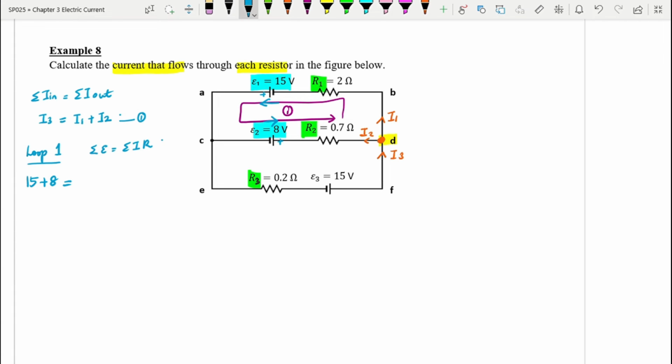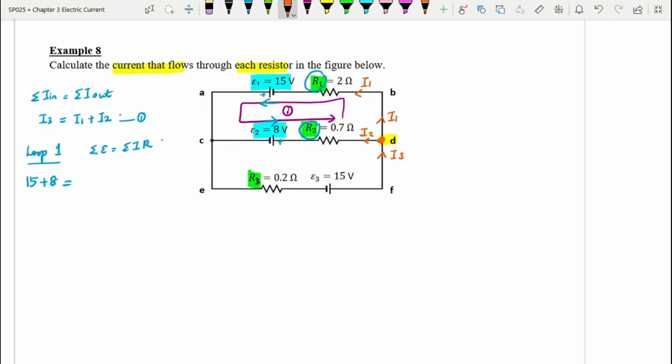Okay, ada berapa resistor? Actually ada 2 resistor, R1 dan juga R2. Here is R1 and here is R2. Dan kita kena tengok direction of current. Direction of current dengan loop sama tak? Untuk R1, basically current 1 lah. Sebab kalau kita continue, so I1 yang akan flow.